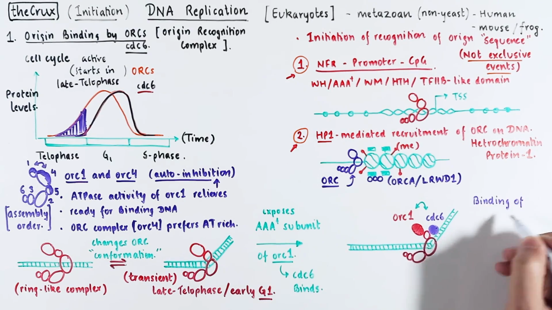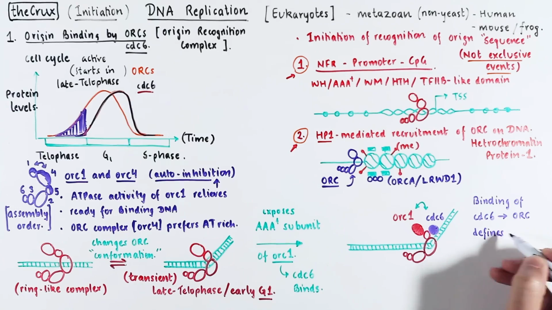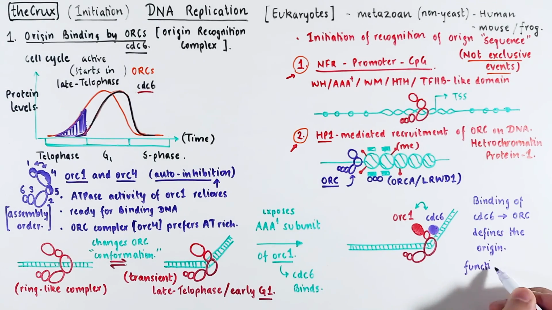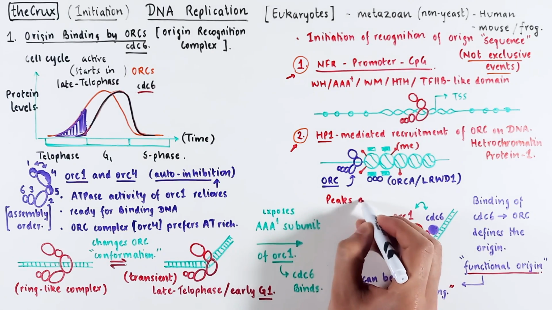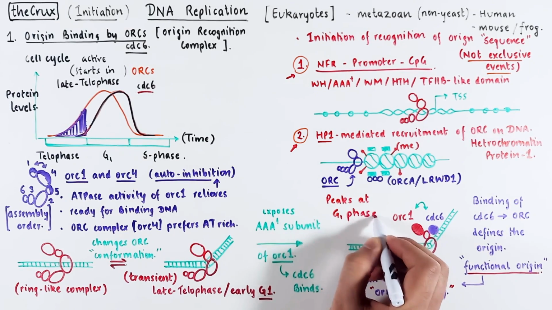This mutual binding is what defines the origin as the functional origin. This simply means that this particular origin containing ORC and cdc6 can be used for the next step, which is origin licensing.